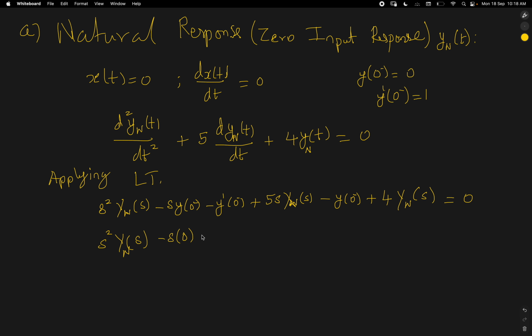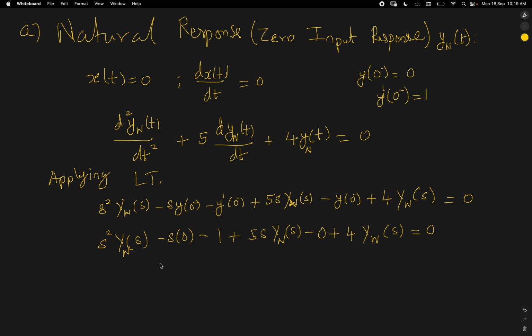Similarly, y dash of 0 equal to 1, and plus 5 s into yn of s minus y of 0 equal to 0, plus 4 into yn of s equal to 0.